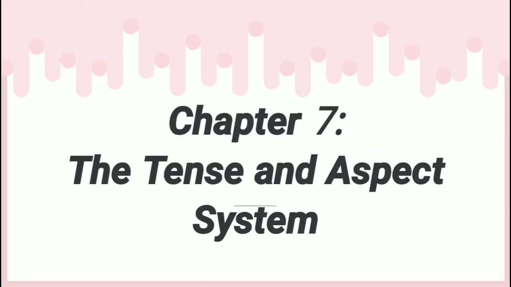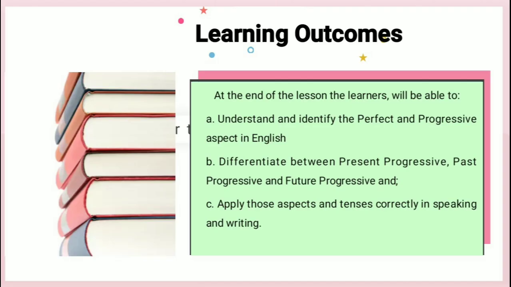Today, I will be discussing chapter 7, which is the continuation of the report of Mr. Marowa Sukur, the tense and aspect system. Here are our learning outcomes. At the end of the lesson, the learners will be able to: A. Understand and identify the perfect and progressive aspect in English.